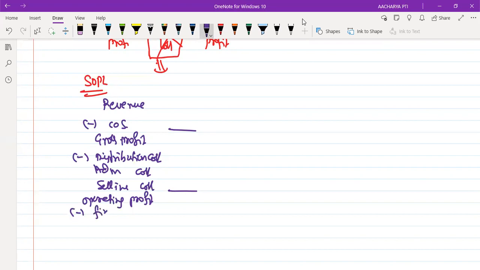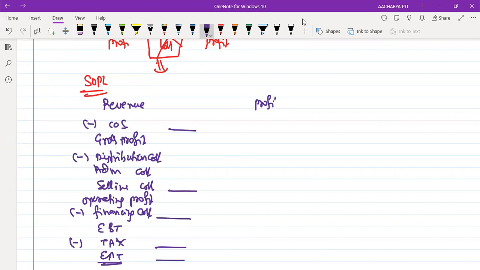Then we reduce financing cost and have EBT. Then we reduce tax and have EAT. This EAT indicates profit from continued operations.